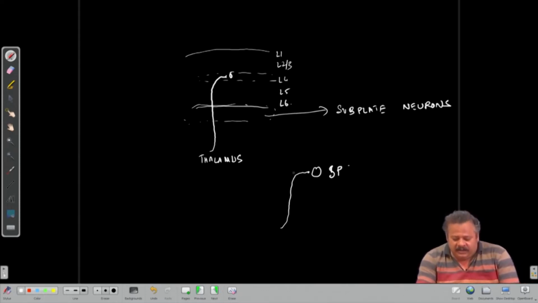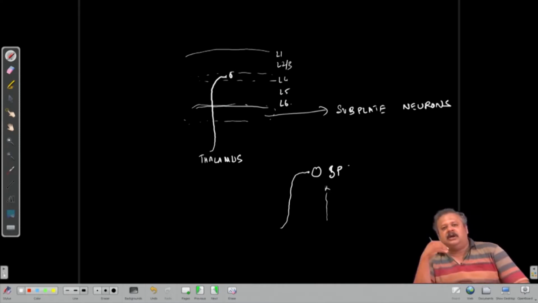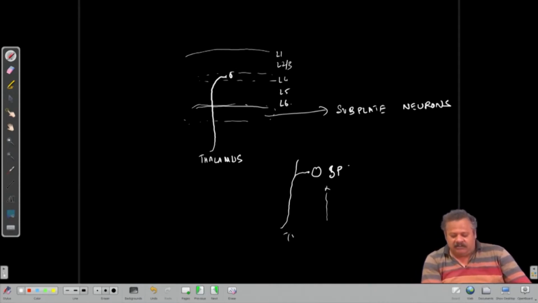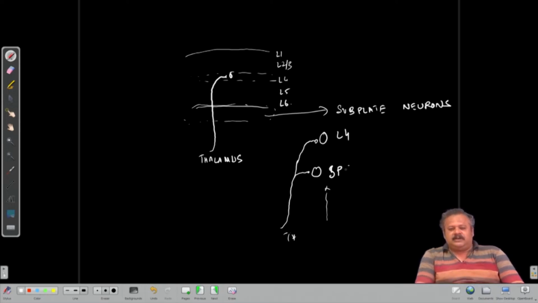When the other layers are developing, neurons propagate through the subplate region, and there are collaterals of axons from the thalamus that make connections with layer 4 neurons. So, there is a layer 4 input neuron, the subplate neuron, and there are connections between the subplate neuron and the layer 4 neuron.